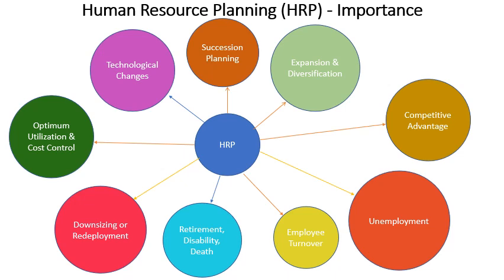Now another reason is downsizing or redeployment. So human resource planning is very important because companies many times face some economic difficulties like scarcity of resources or scarcity of finance.